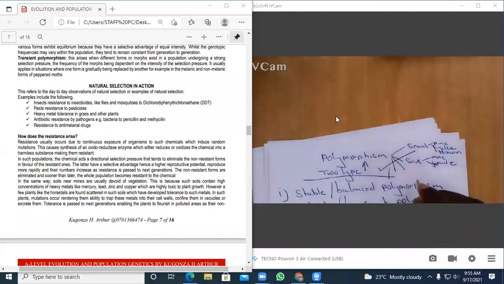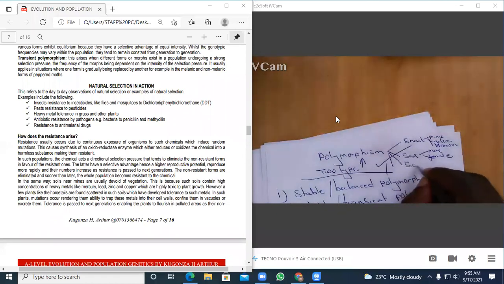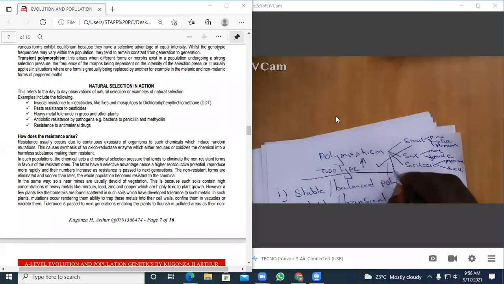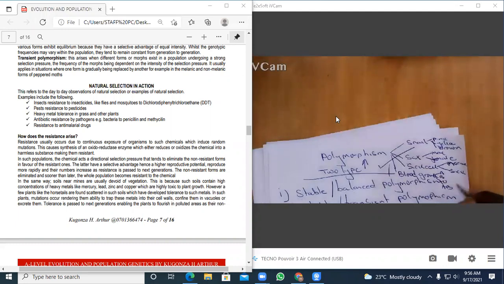Three, sickle cell: under sickle cell, we have individuals who are normal and those who are sick. Then blood group: we have A, B, O, and AB. We can stop there.